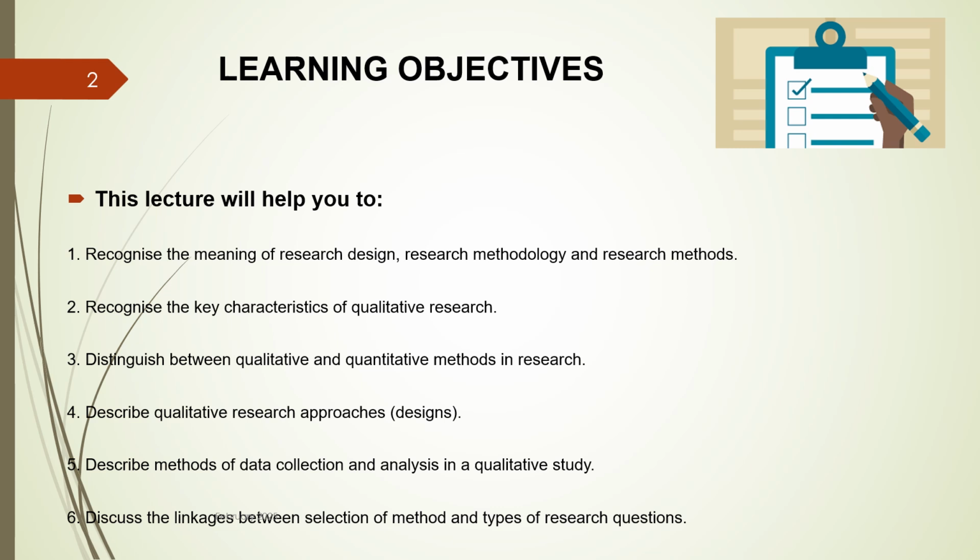We can also in this lecture discuss the linkages between selection of method and types of research questions. What we need to know in this course is that the research questions that can be answered by qualitative research design are different from the types of research questions that can be answered by quantitative research.